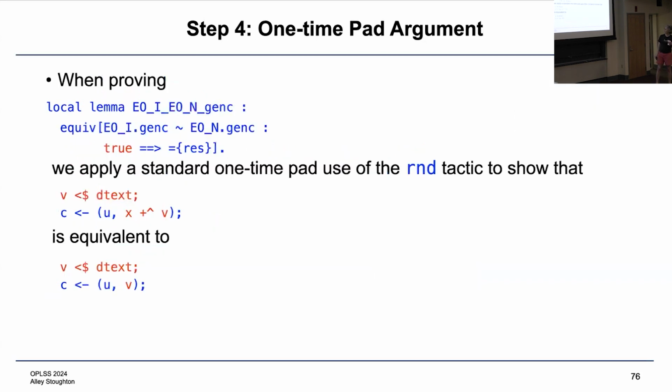It's a one-time pad argument. It's sort of like what I showed you on the first day, that we can go from this to that using the RAND tactic that I showed you. And the reason that this works is that V is only being used here. It's not being used anywhere else.